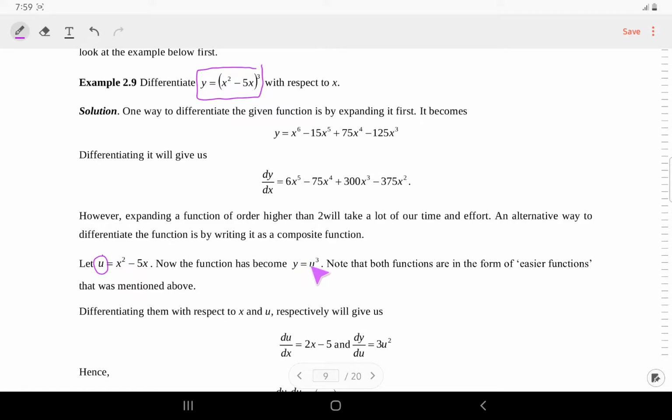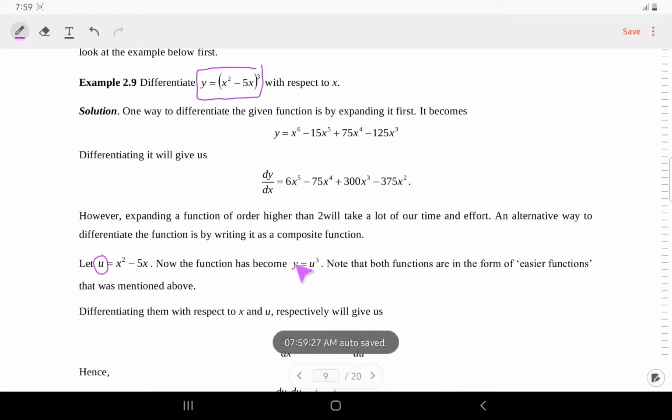So y equal to u power of 3 is the easier form for you to differentiate. Because u power of 3, when you differentiate, we will get 3u power of 2, right? So this is the simplest form when we assume our u is equal to x squared minus 5x.